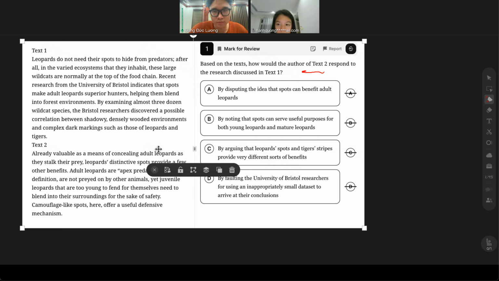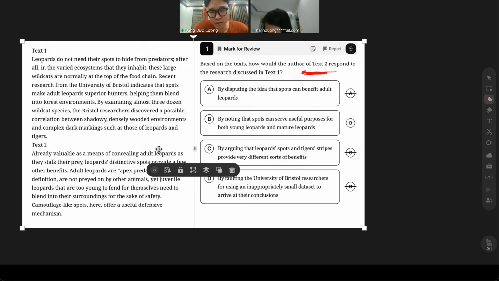According to many experts, I think they advise you to read text 2 first for that kind of question, because I just want to understand the opinion of the author in text 2 first, because it is what matters, and I'm going to go back to the research discussed in text 1 later.